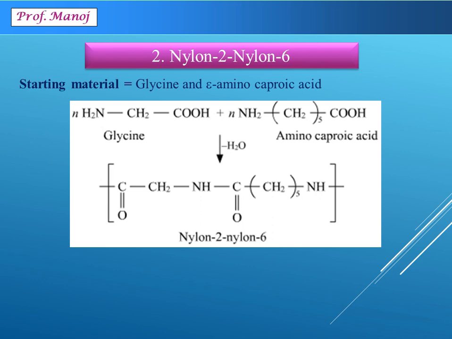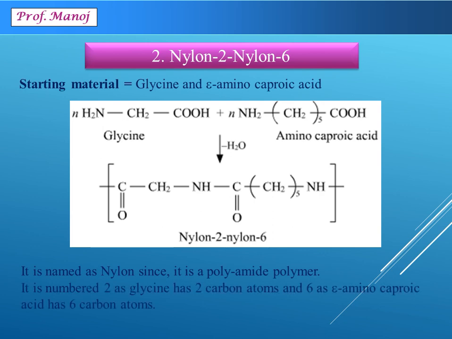In the center once again we can see the amide linkage. It is named nylon because it is a polyamide fiber. Glycine contains 2 carbon atoms, that's why nylon 2, and aminocaproic acid contains 6 carbon atoms, that's why nylon 6.